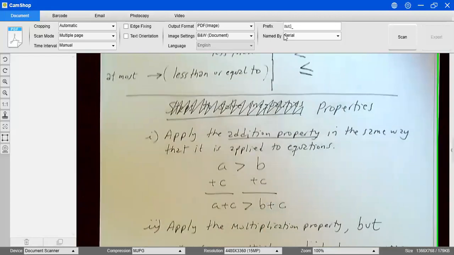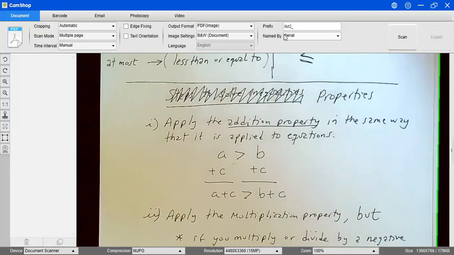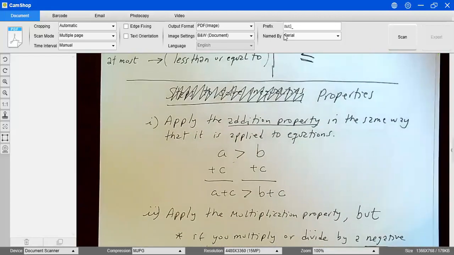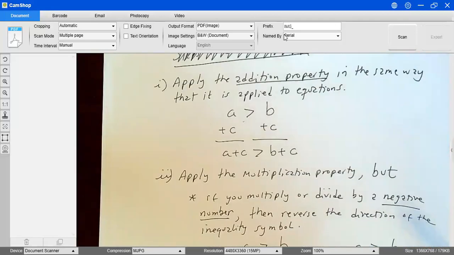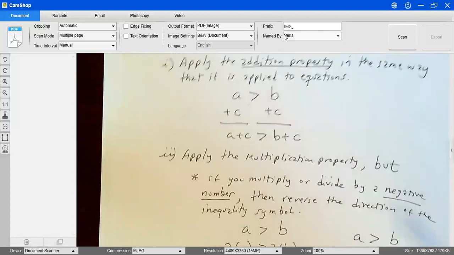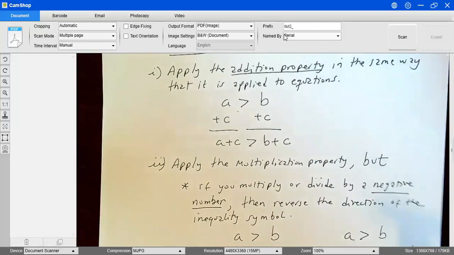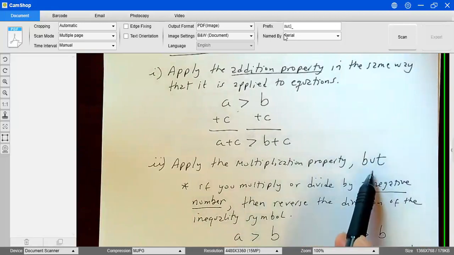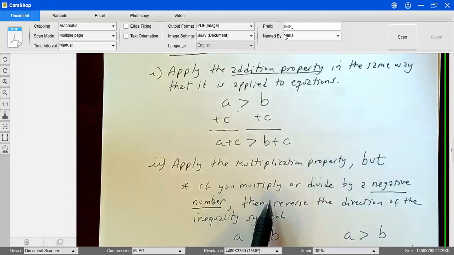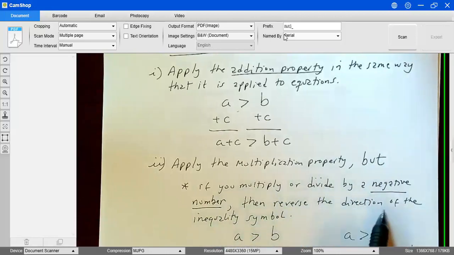Now what happens when you multiply both sides of an inequality? There is something you need to be careful about. You can apply the multiplication property, but if you multiply or divide by a negative number, then you need to reverse the direction of the inequality symbol.